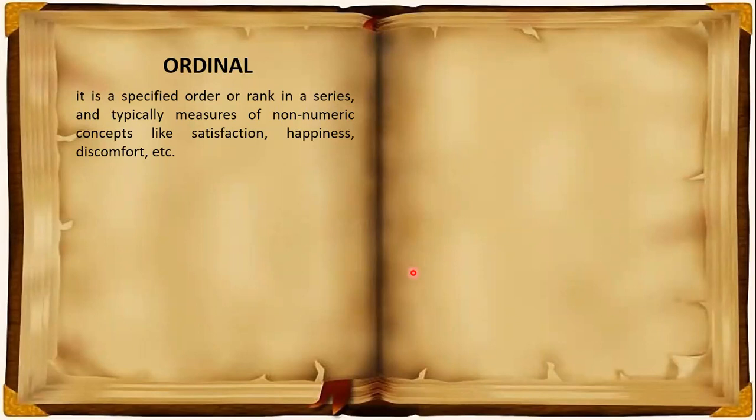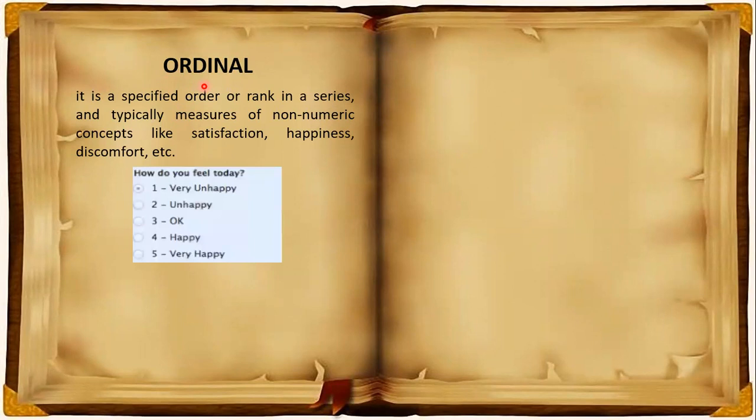So from the word itself, class, order. So meaning naa siya pattern, naa siya sequence, series or ranking ang information sa data.